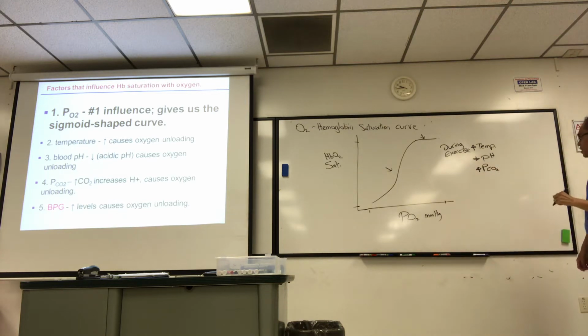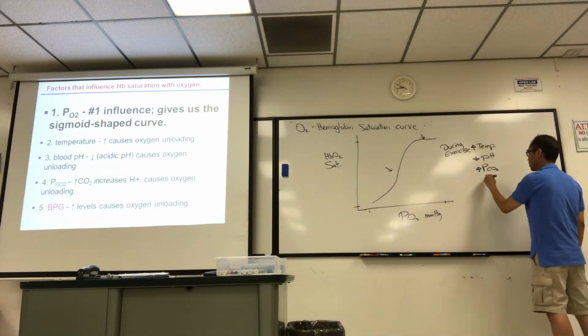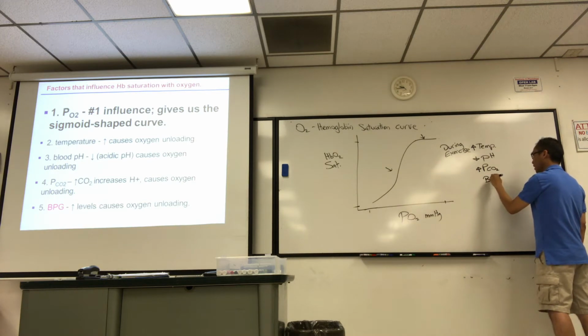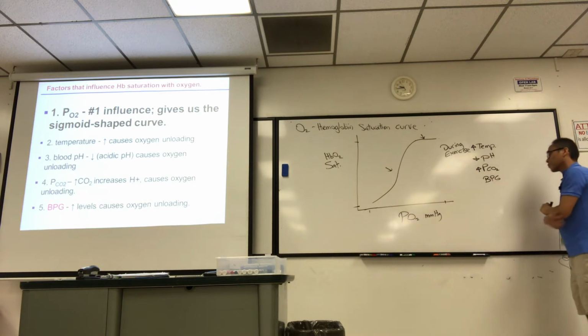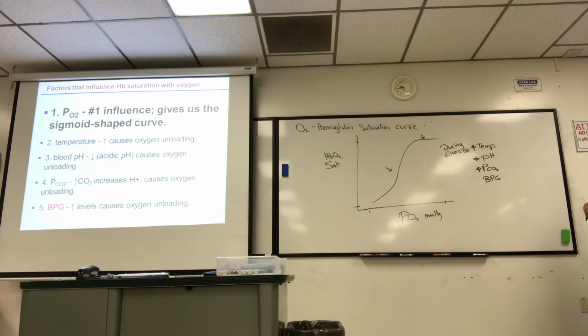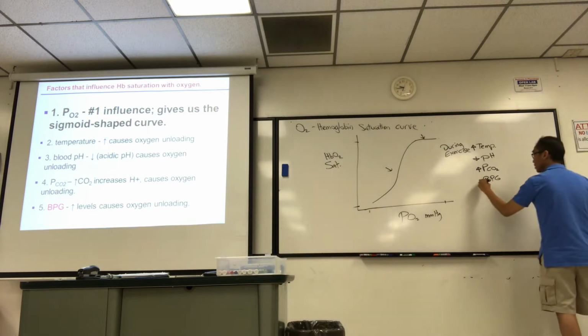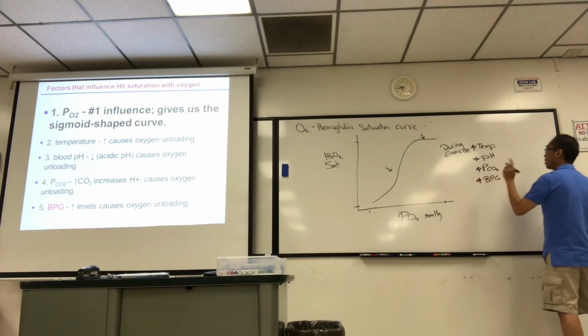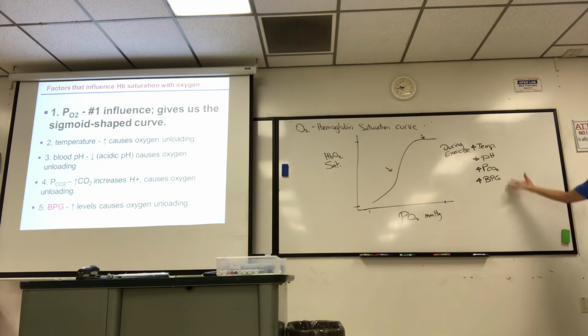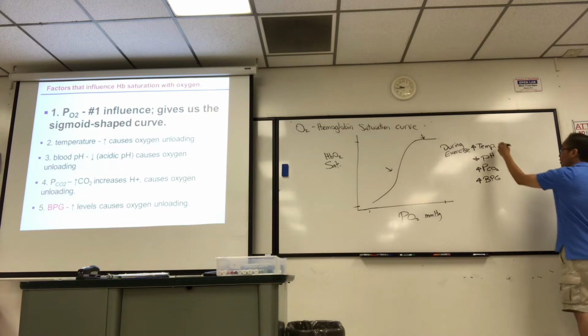The last thing is BPG. BPG is a molecule. Another slide on it. It tends to bump oxygen off of the hemoglobin, and it increases during exercise. Anyways, during exercise, all of these things occur, and they all facilitate oxygen unloading, more oxygen unloading.